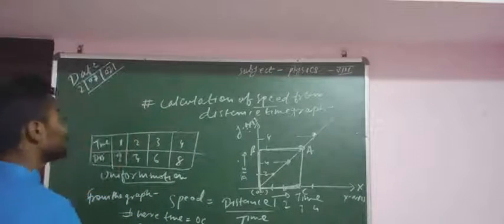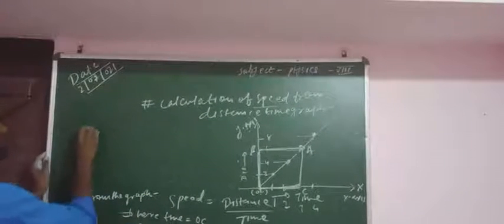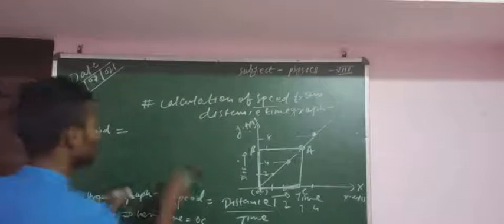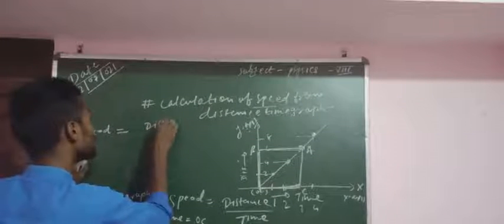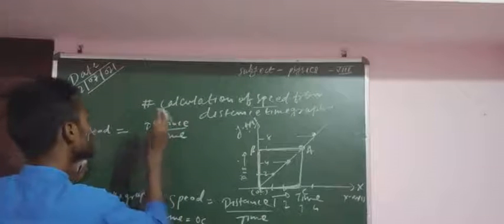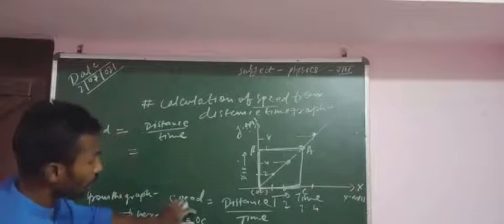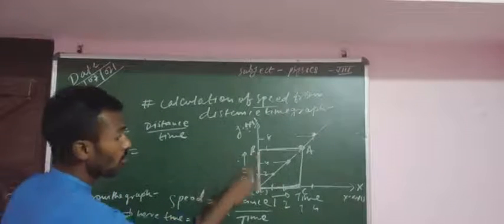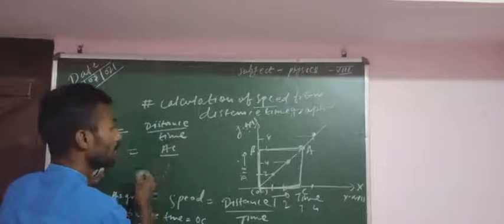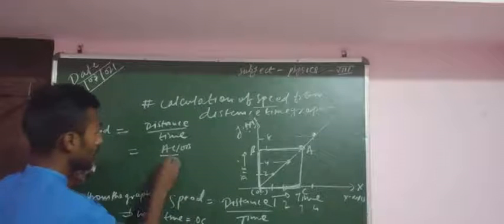So we have speed will be equal to distance by time. So we can put that distance will be equal to what? That means OB equals AC. So we can write that AC by OB or AC by time is OC.